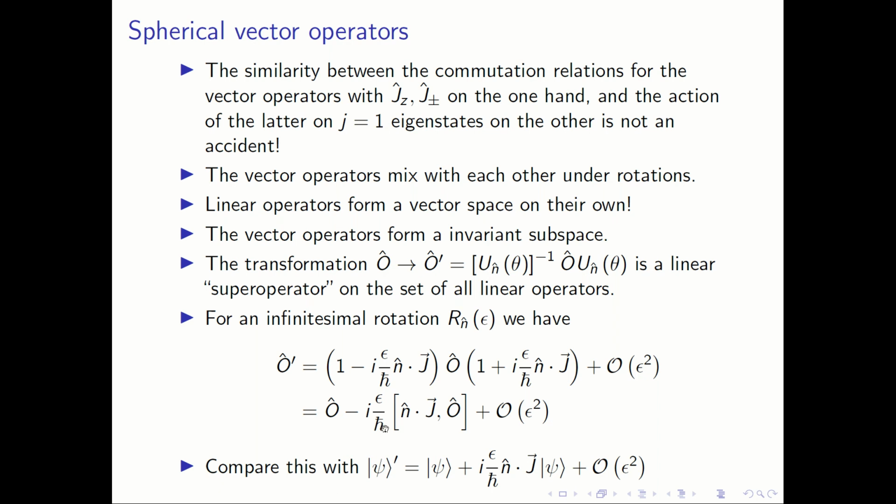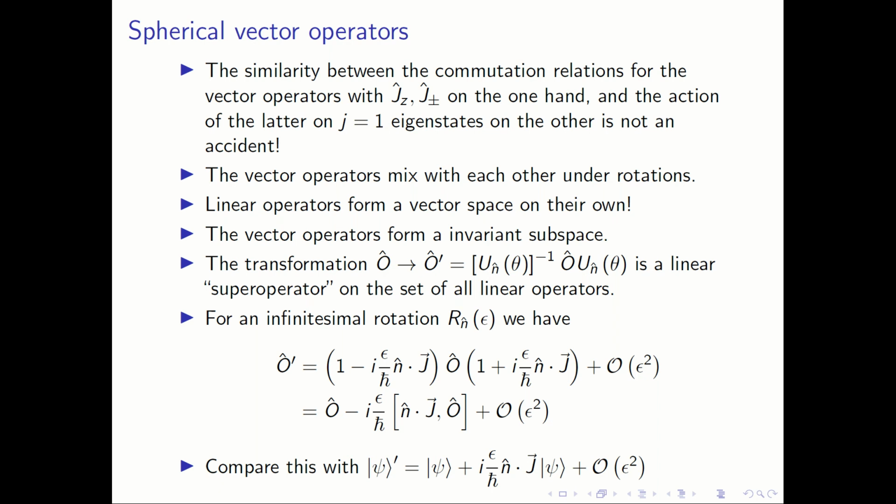In the other, minus i epsilon by h cross commutator of n hat dot J with the operator O. So, in a way, the commutator with an operator of the angular momentum component replaces the action of the angular momentum component on a state.